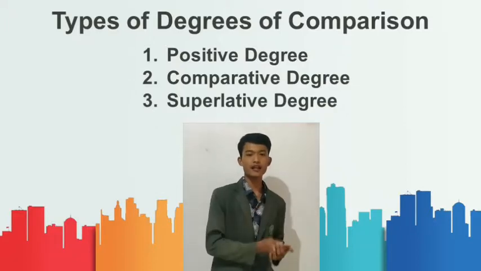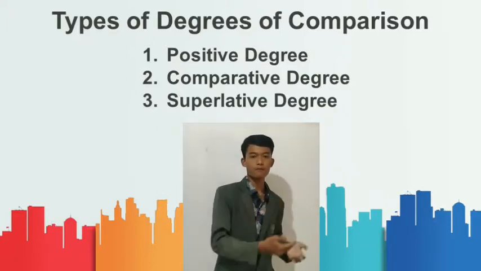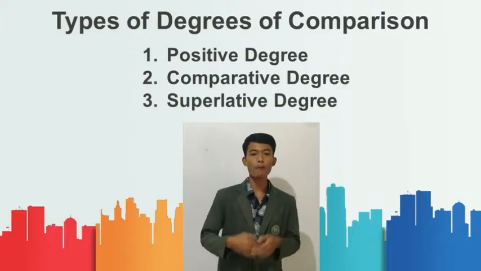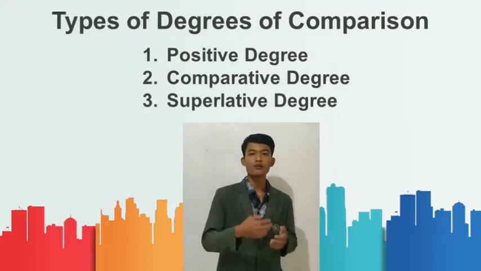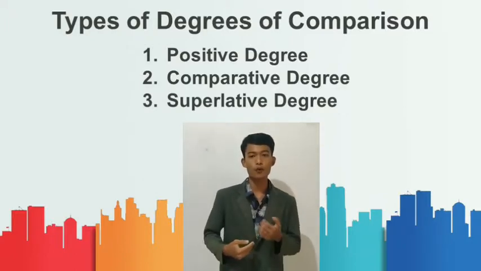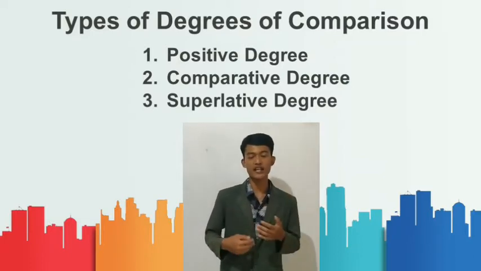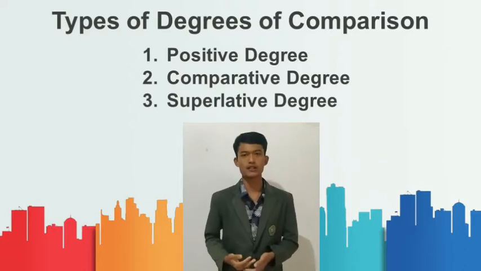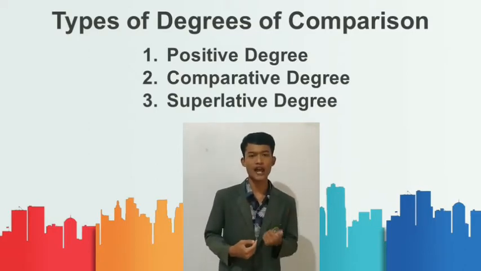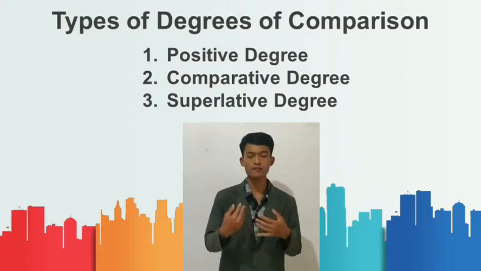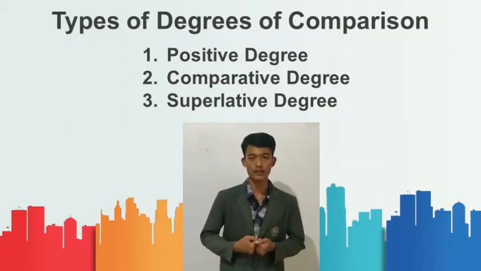And then the second form is the comparative degree. The comparative degree is used to compare one person or thing or animal or idea with another and enables us to say whether a person, thing, animal or idea has more or less of a particular quality.